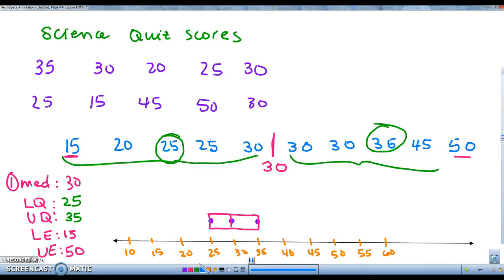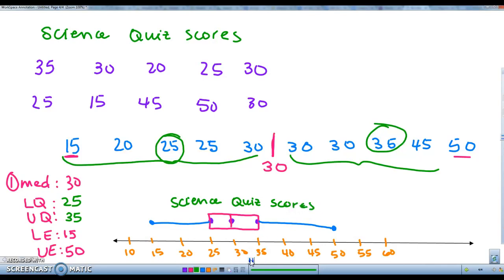Then I graph my upper and lower extremes. So my lower extreme at 15, my upper extreme at 50. And I connect them to the box with little whiskers. What is the last thing I need to add to this? A title. So I might add the title Science Quiz Scores.